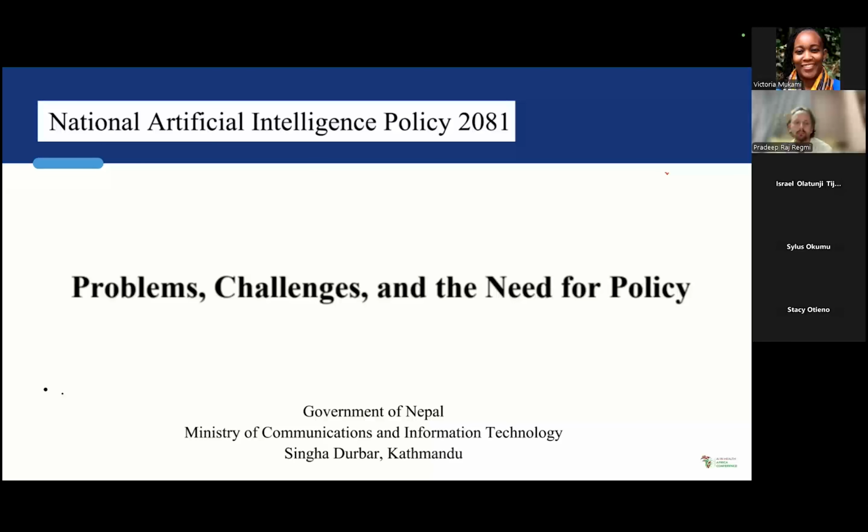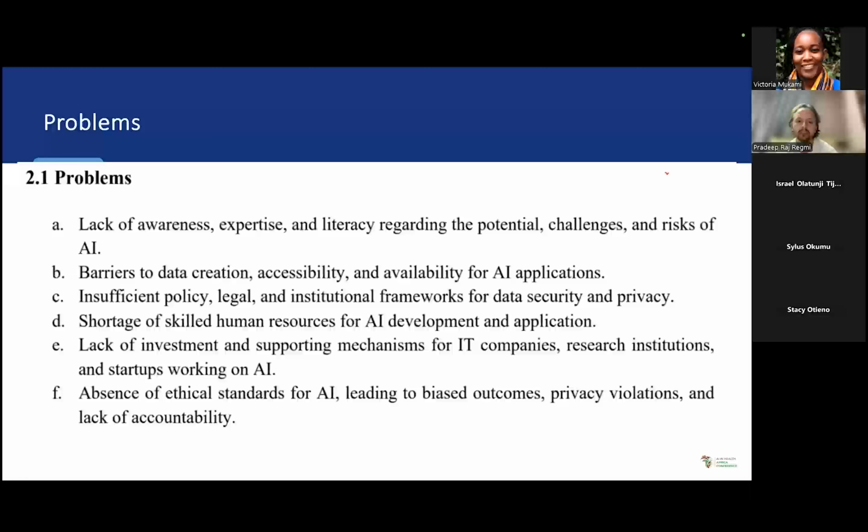They have explained the problems, challenges, and need for policy at the national level, and they have identified certain problems for the integration of AI in clinical workflow, like awareness, expertise, barriers to data creation, and insufficient policy, shortage of skilled human resources in our country, and ethical standards for AI, which can lead to biased outcomes. They mentioned these problems during the policy drafting.